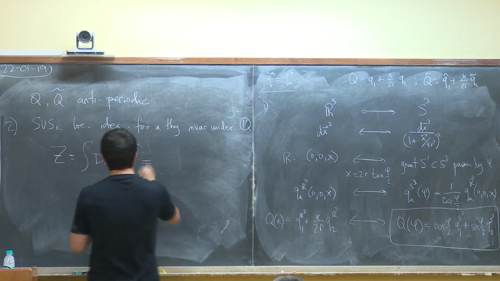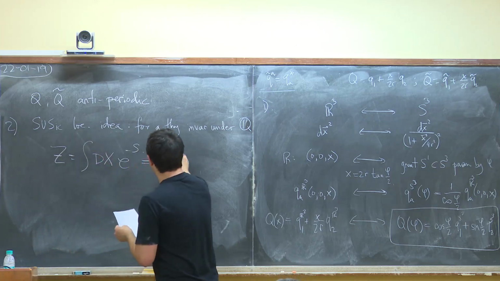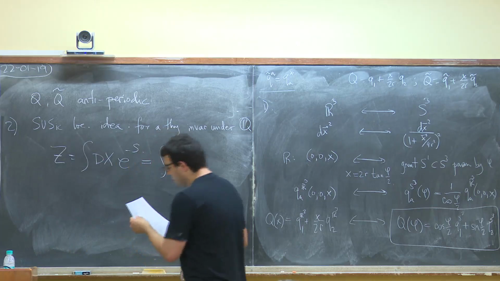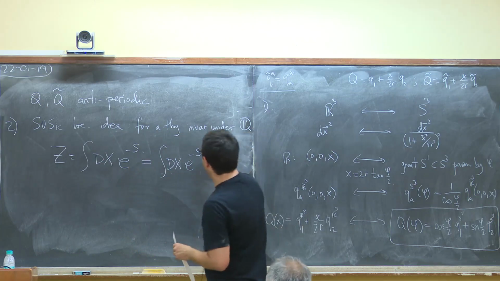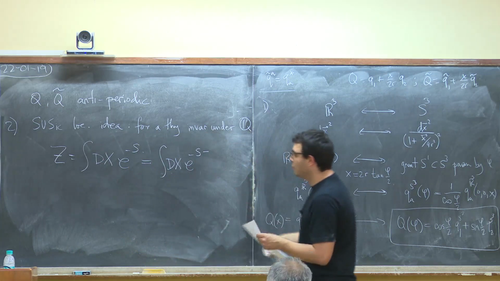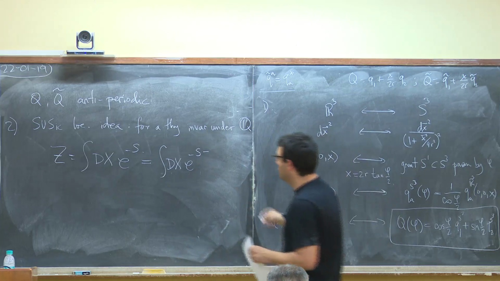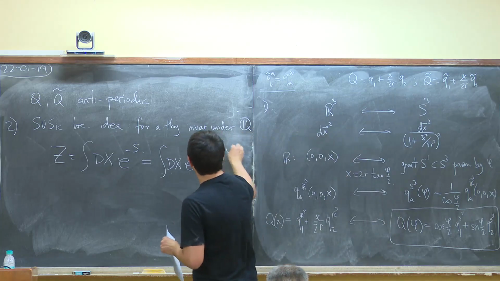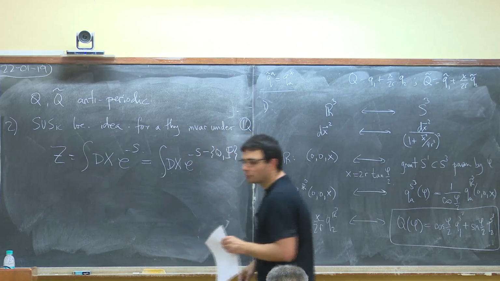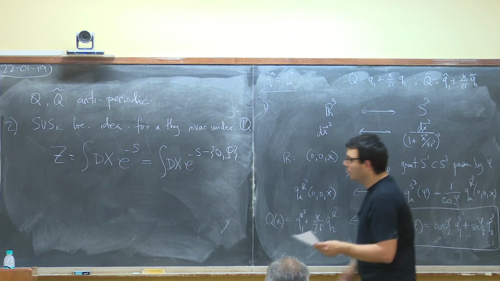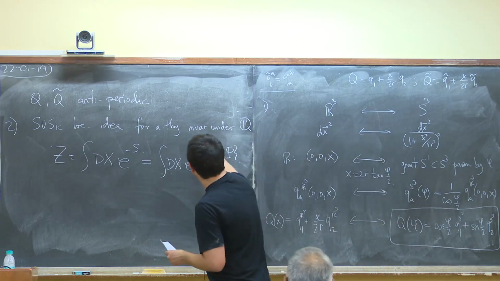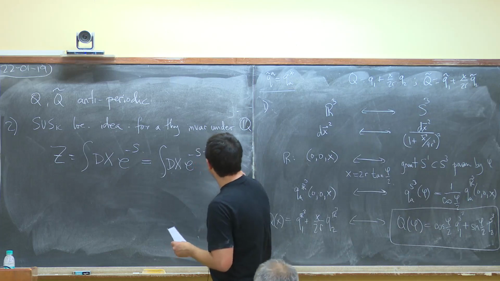The partition function doesn't change if we modify the action by a term that's Q of something. So say this is Q of some psi, multiplied by some coefficient T. I can call this V if I want.